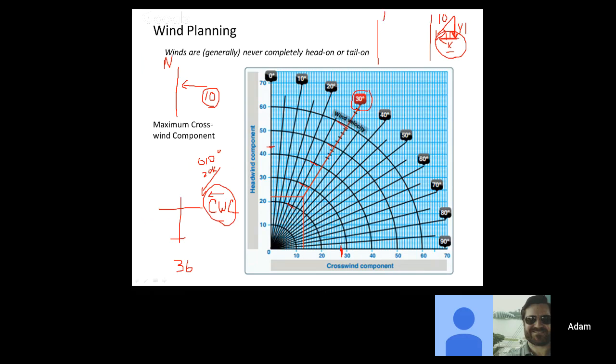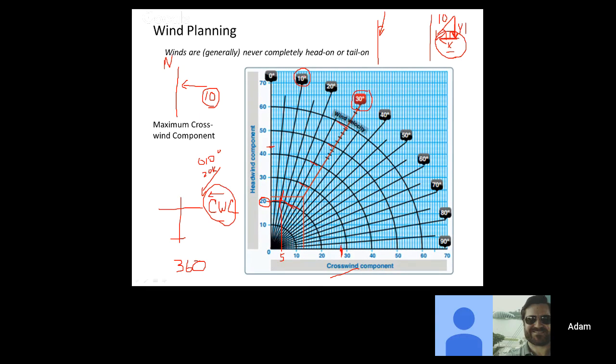My wind is at a 10-degree delta to the runway, because I've got a 360 runway straight north and a 10-degree wind. So I'm going to use this line on my chart, and I'm going to find my wind velocity of 20 knots. And the 10 degrees intersects the 20 knots right here. So I come down the chart and I find out that my crosswind component is probably about 5 knots.